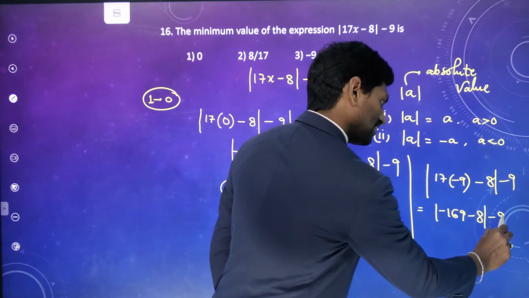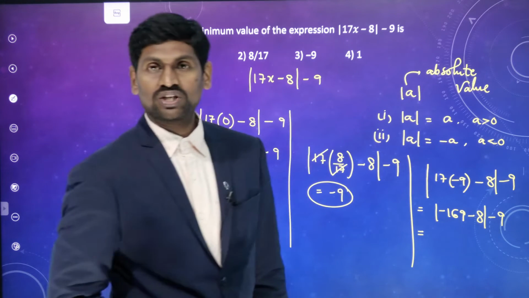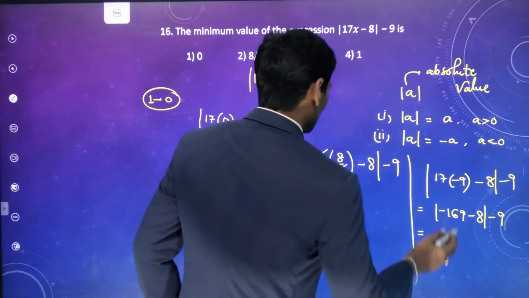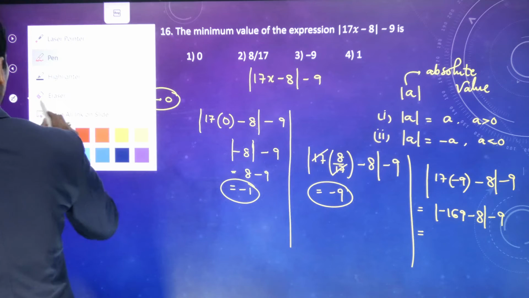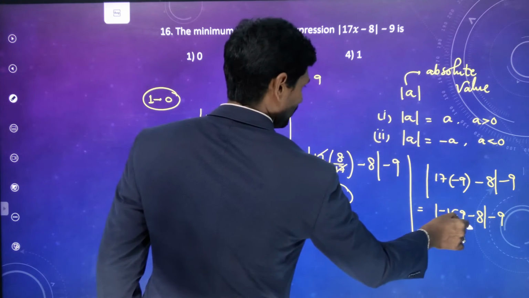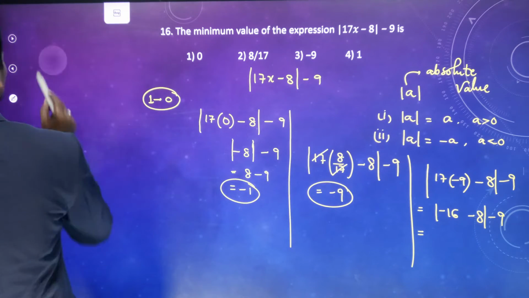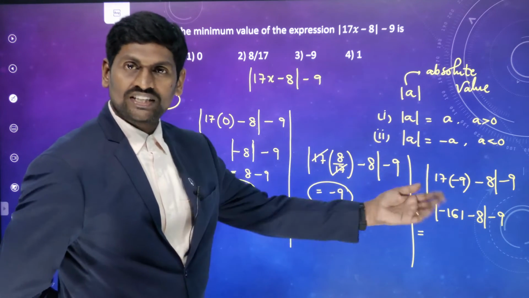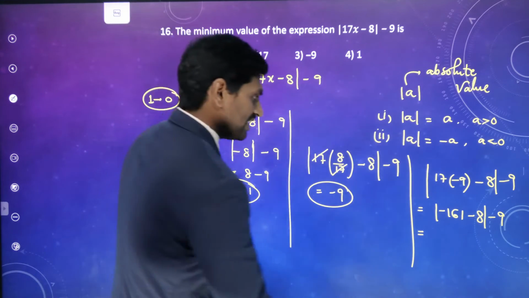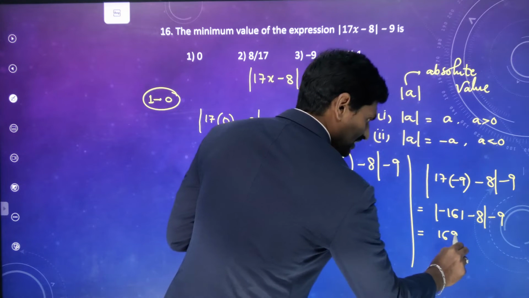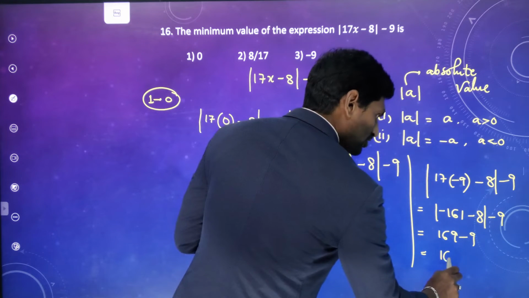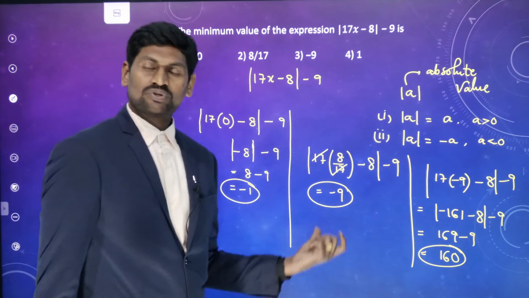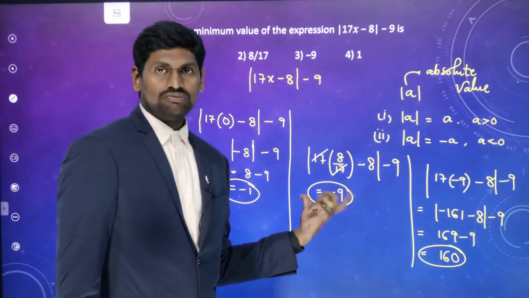So inside the modulus symbol both values are negative, and we can add them with the negative symbol. Minus 161 and minus 8 becomes minus 169. In modulus it will be plus 169, minus 9. It is positive 160. Still, among these three options, the least value is modulus minus 9.